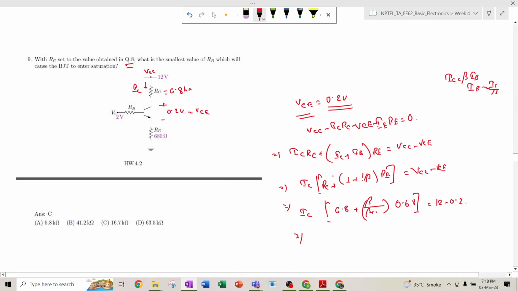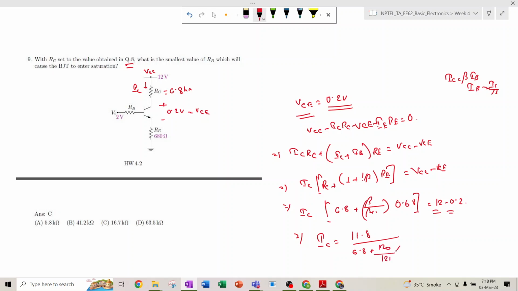So now we calculate the IC value, that is (12 minus 11.8) divided by (6.8 plus 120 divided by 121 into 0.68).